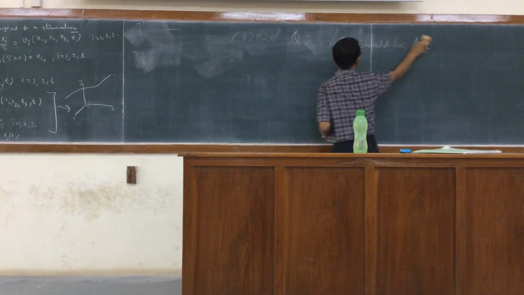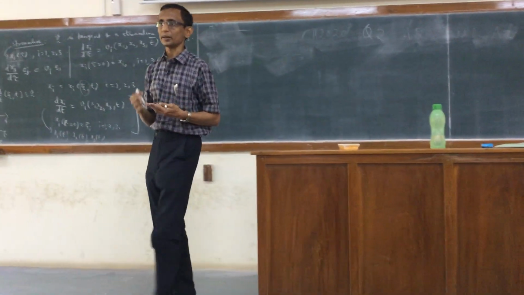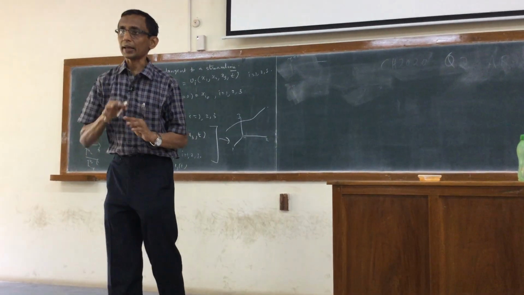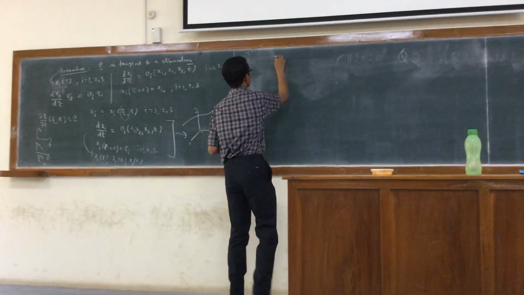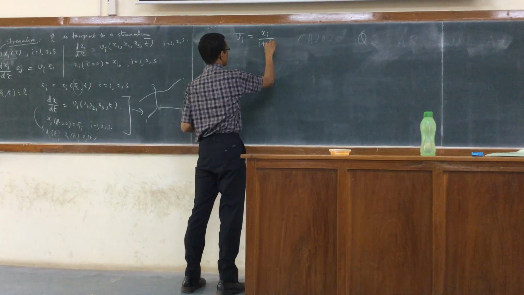Let's now take one example he has given. It clearly may not correspond to any real practical situation, just a textbook example to illustrate the point. So according to him, the velocity is given by this.